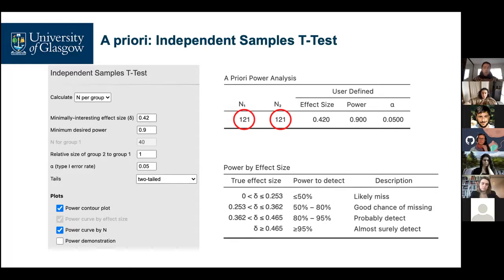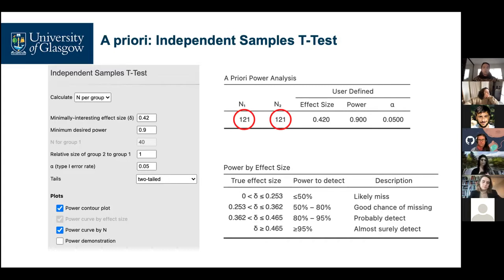When you've opened that up, you will see the menu on the left-hand side, and this is where you put your different parameters. For an a priori power analysis, I think it's the default, but under calculate there are different options, and for a priori we want n per group. This says we want the number of participants as our outcome, the thing we want to know.